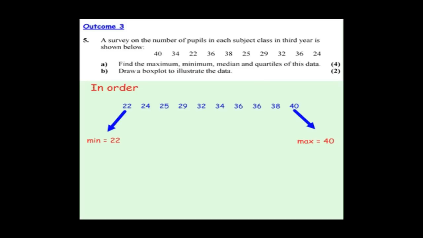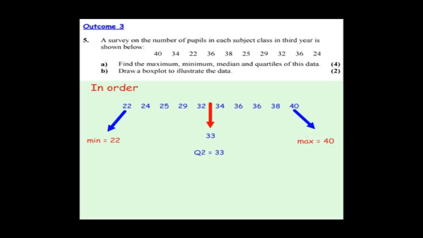To find the median, because there's 10 numbers from the list, there won't be a particular value on its own in the middle, so we have to find the average of the two middle values. So the median is found halfway between 32 and 34, so the median Q2 is 33.